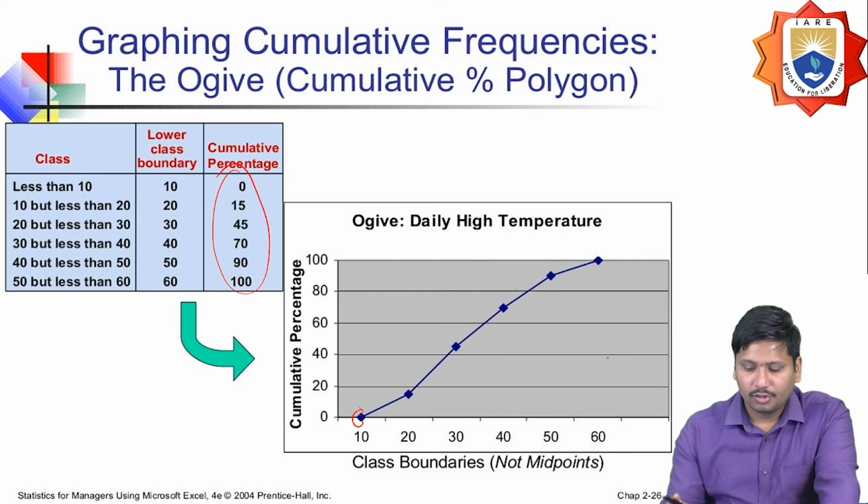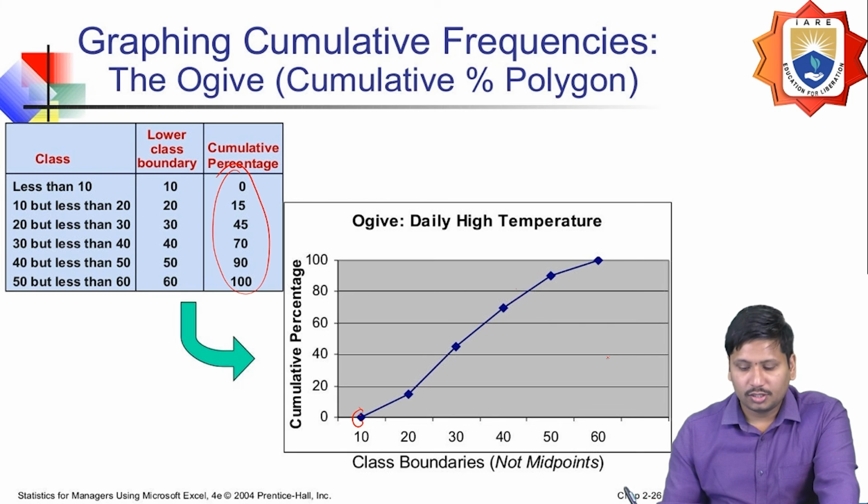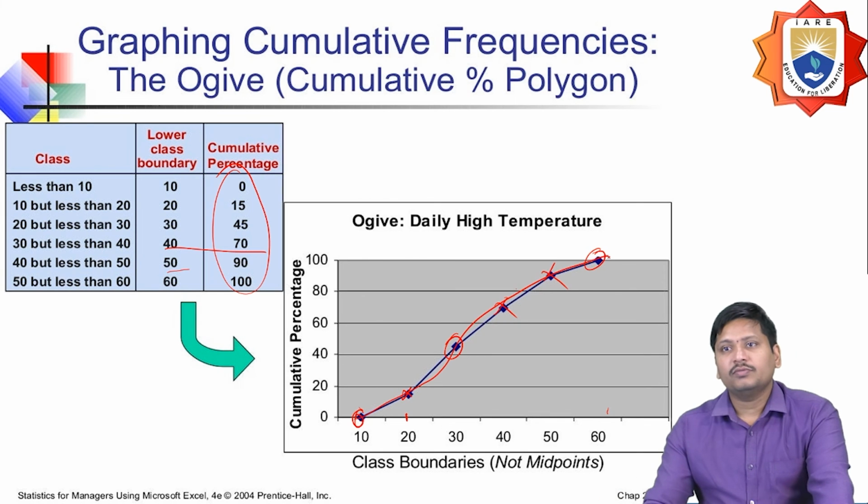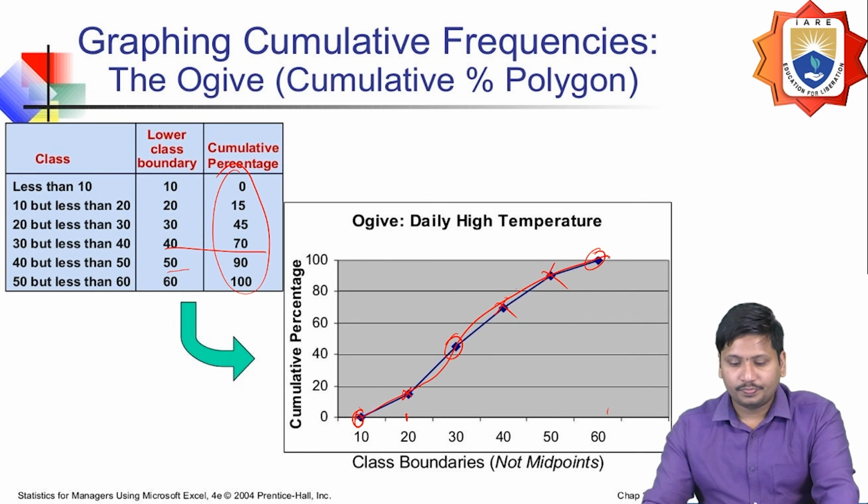So at 10 it is 0, at 20 it should be 15, at 30 it becomes 45, at 40 it should be 70, at 50 it should be 90, and at 60 it should be 100. Like this, we construct this polygon.